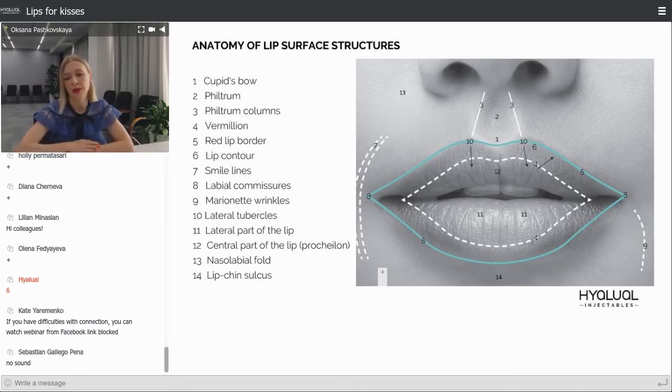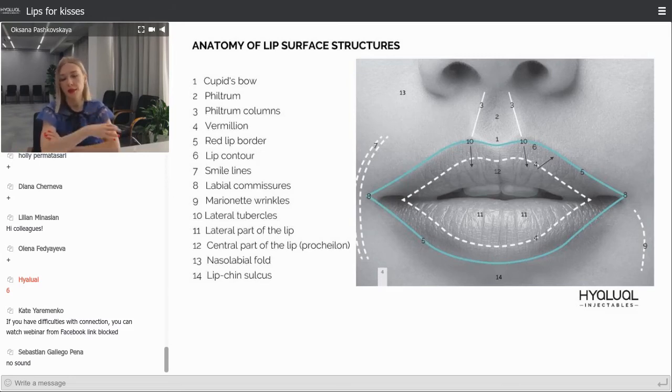So our lips are not only red skin, not only the red vermilion border. Look, really our red lip is the vermilion border.